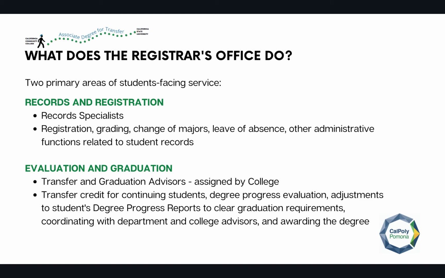Like Gus and I mentioned before, we're both transfer and graduation advisors at Cal Poly. But our office consists mainly of two main areas. One is regarding records and registration, and that team within the Registrar's Office is composed of what we call record specialists, and they are primarily in charge of overseeing class registration, grading issues, and changes of majors.